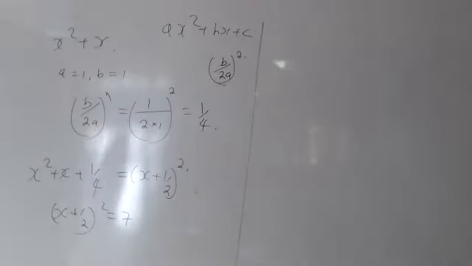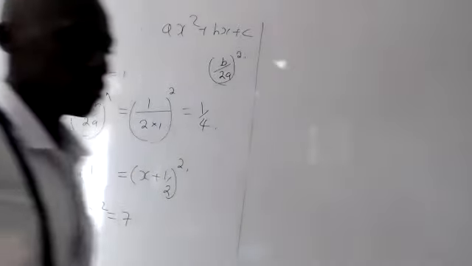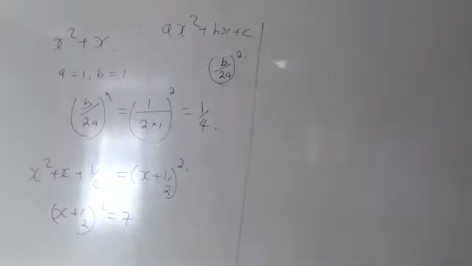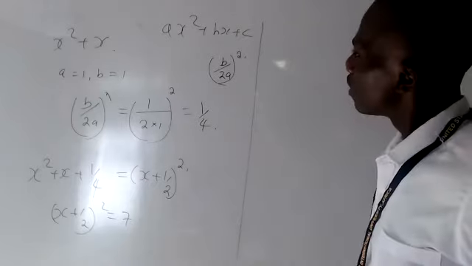Yes. If I'm not mistaken, in the notes it's written that you're supposed to add b over 2a squared. So I'm just asking if there's really a difference between what we've done and adding a half squared.